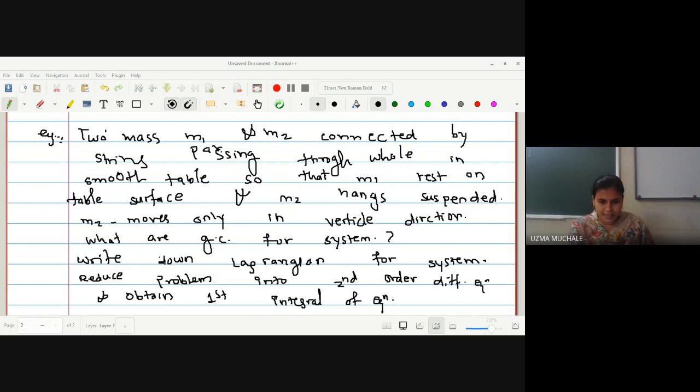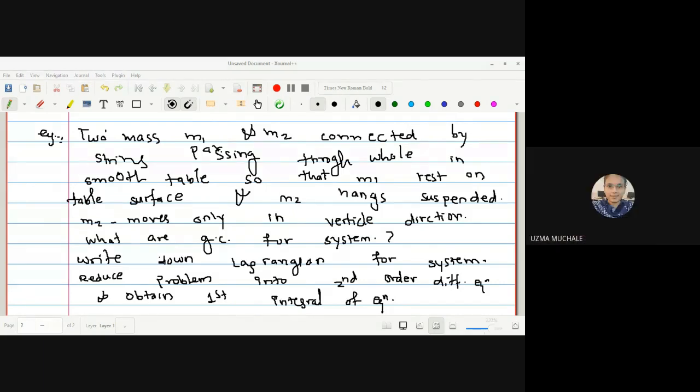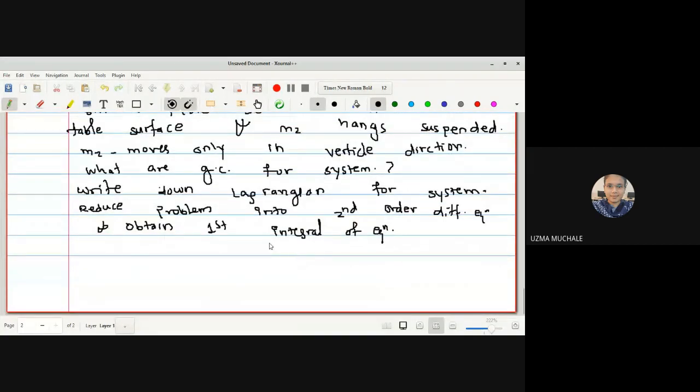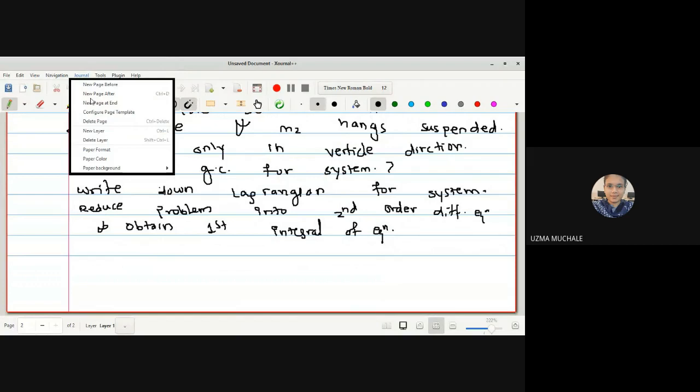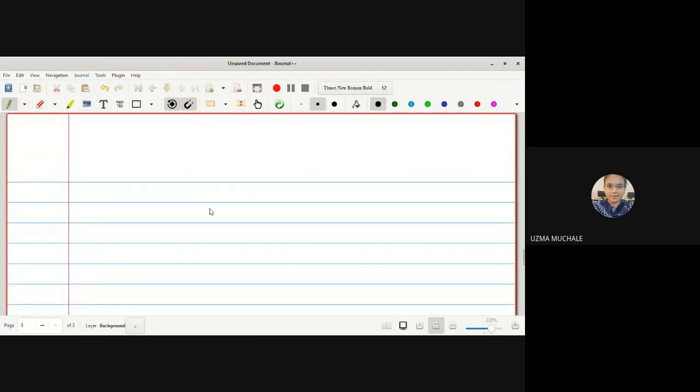Okay, let us start with construction. Assume that we have a table, and on the table we have two masses m1 and m2 connected by a string. Let us assume that this is the table. Suppose this is your x-axis and this is your y-axis.